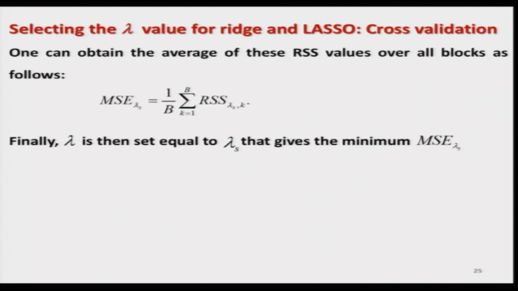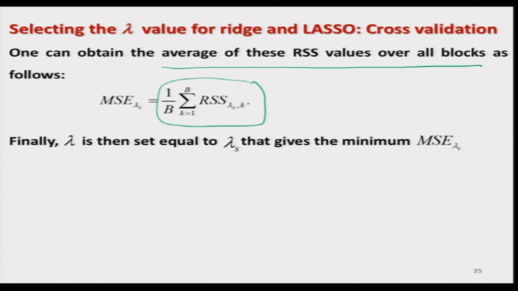Now, you can choose different values of lambda, which are defined here as lambda s, and then obtain the average of these residual sums of squares over all the blocks. So, we take the arithmetic mean of the residual sums of squares over all the blocks.